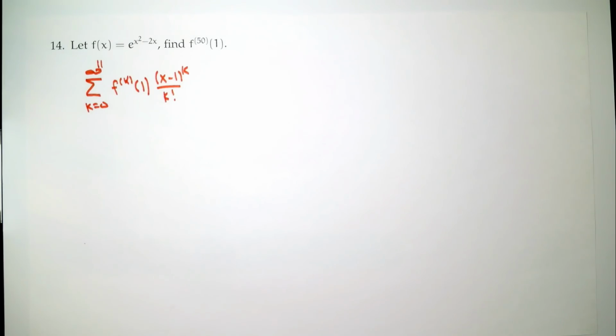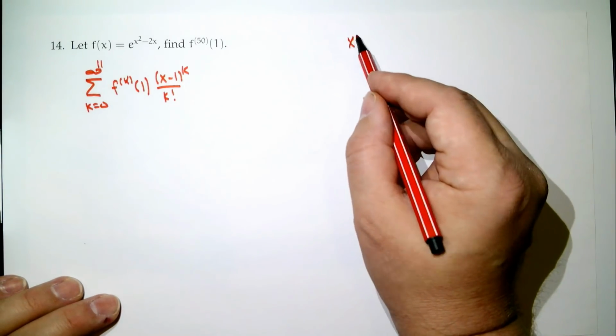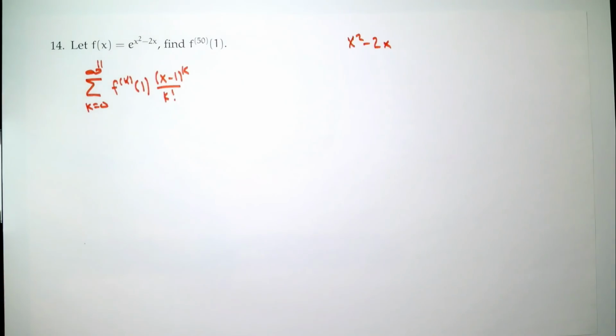So that's why I say, x squared minus 2x. It kind of feels like something related to x minus 1. Do you see it? X squared minus 2x, what does it feel like? Think of powers of x minus 1.